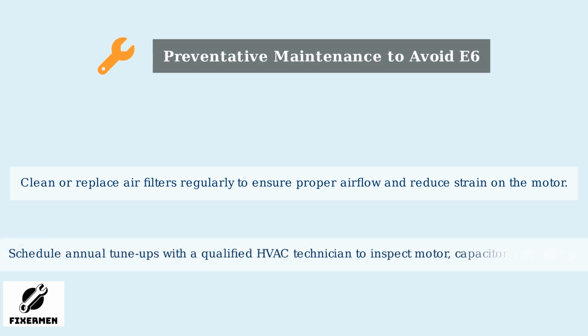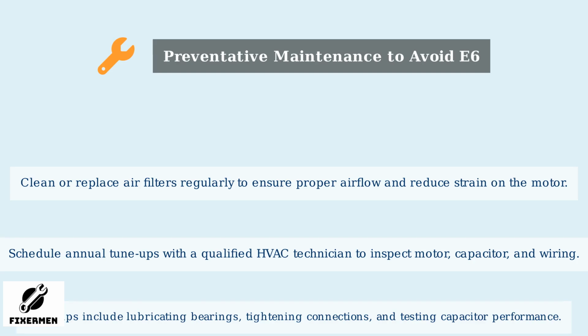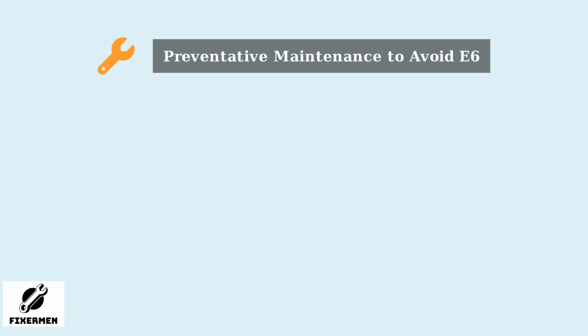Schedule annual tune-ups with a qualified HVAC technician. These professional inspections examine the motor, capacitor, and wiring connections to catch potential issues early. During tune-ups, technicians often lubricate motor bearings to reduce friction, tighten electrical connections to prevent voltage drops, and test the capacitor's performance. These steps help maintain proper motor function and prevent E6 faults.